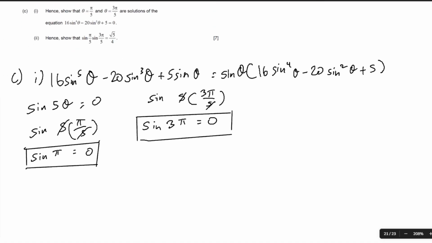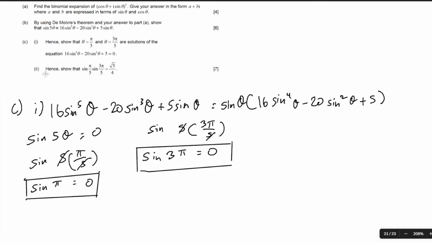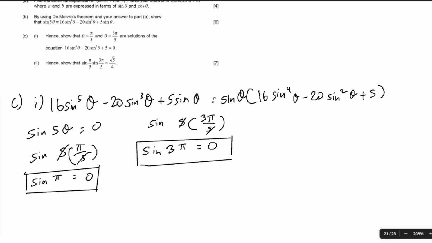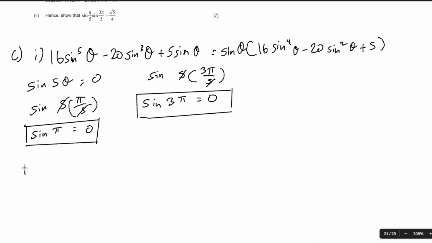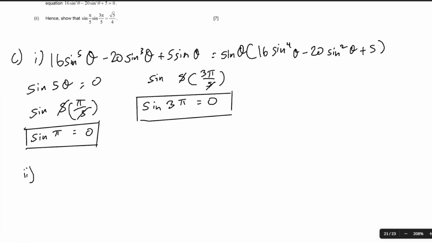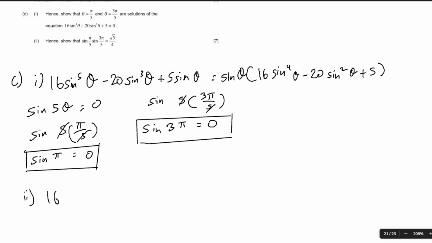After that, we can show that sine pi over 5 times sine 3 pi over 5 is equal to root 5 over 4. From this, we can actually use our previous equation, 16 sine power 4 theta minus 20 sine squared theta plus 5 is equal to 0.